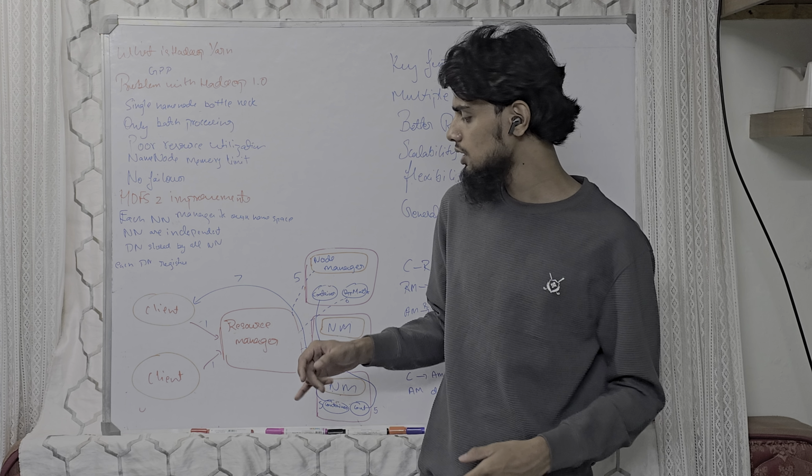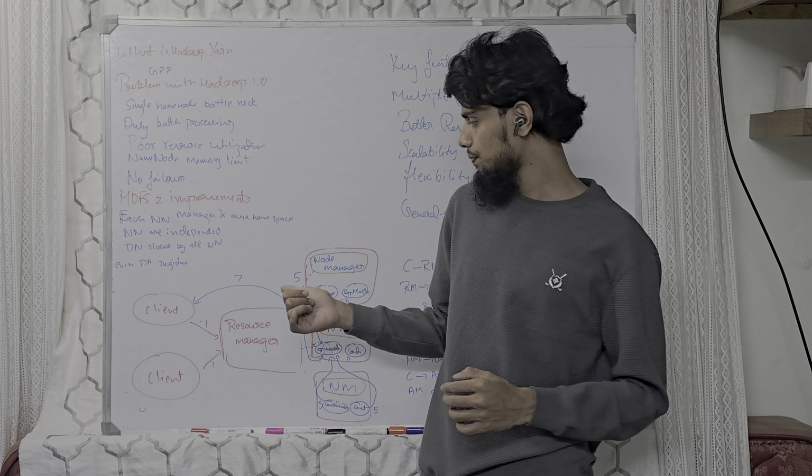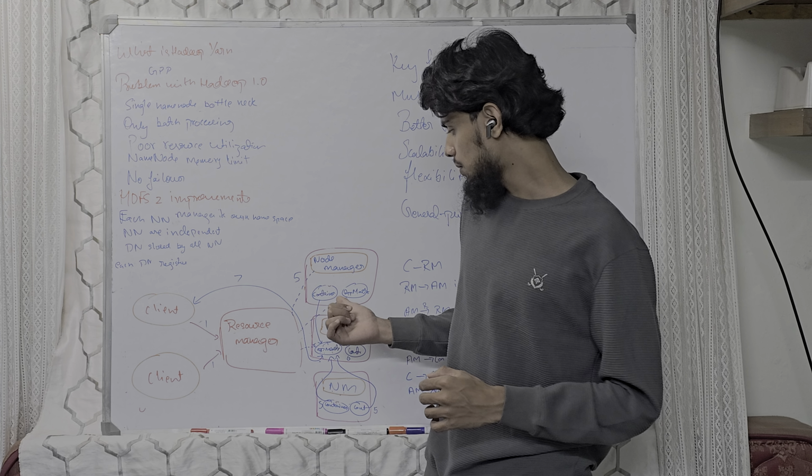The application manager takes the jobs as input and activates the application master. Now what the application master does is negotiate. As the name says, it is a resource negotiator. It negotiates for resources, and then to execute that particular data or resources, it requests containers, and it will interact with the node manager.